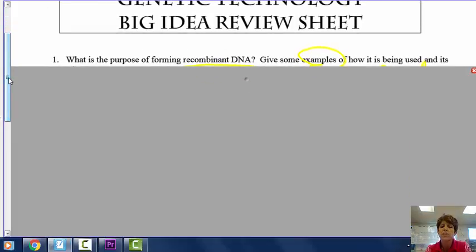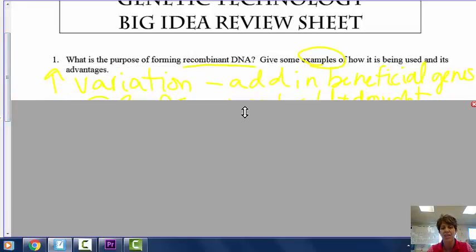First question, what's the purpose of forming recombinant DNA? And so the purpose is to create an organism with an additional gene, something beneficial, something advantageous. So a great example is agriculture.